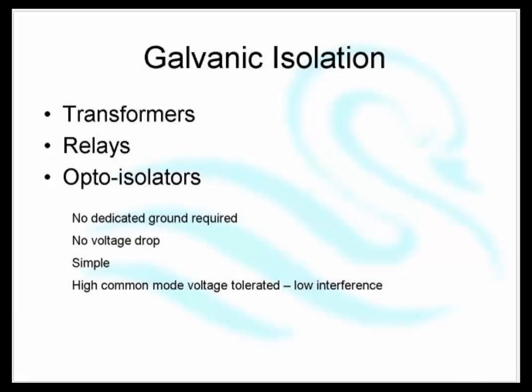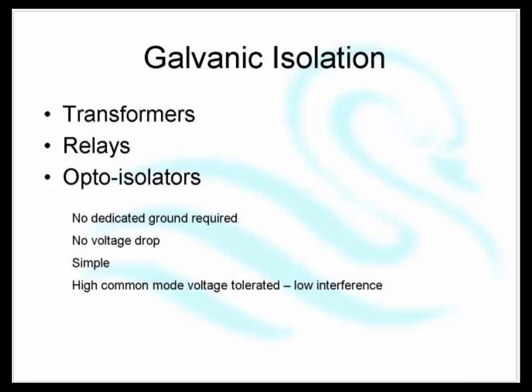It is a more expensive isolation method. You do not get the common mode problems. It doesn't pick up noise. In fact, using transformers and opto-isolators is a really effective way of getting rid of the noise.